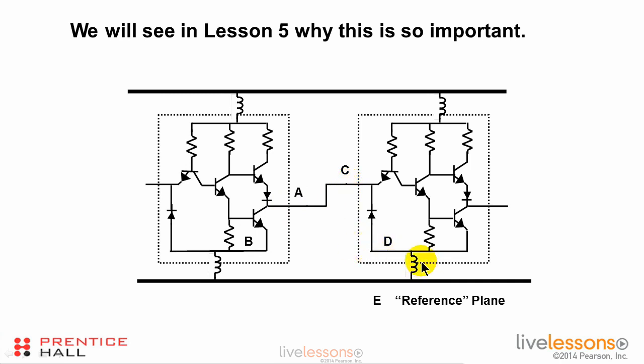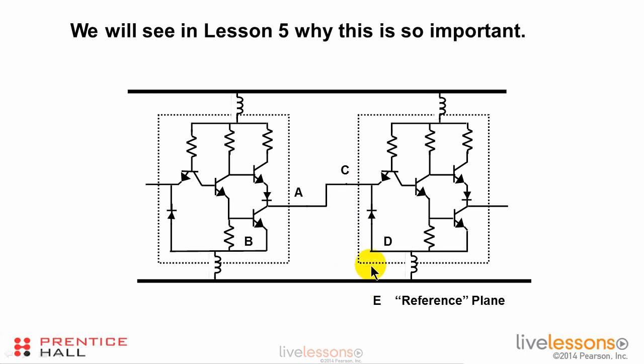Now, for the moment, we can assume that there's not much current through this inductor, so we can assume that D and E are about the same voltage, the same potential. So at the moment, we can say that this device will recognize a logical 0 if the voltage between C and E is approximately 0.